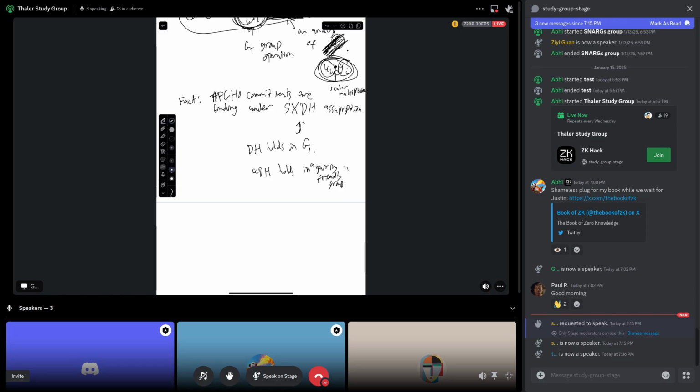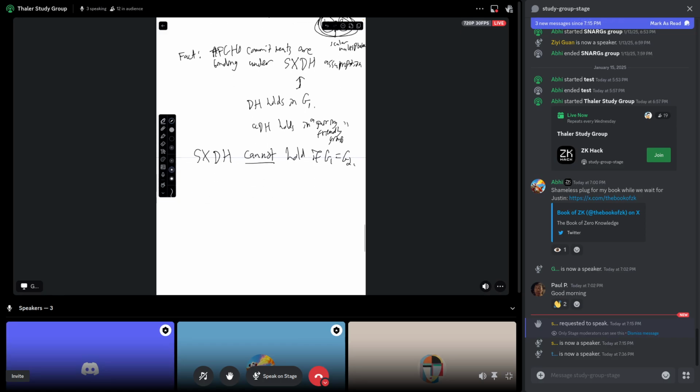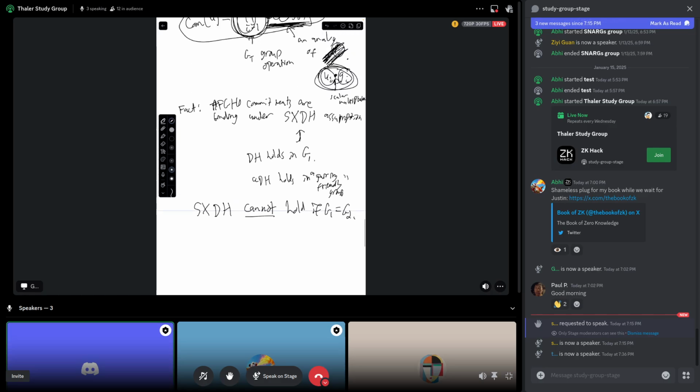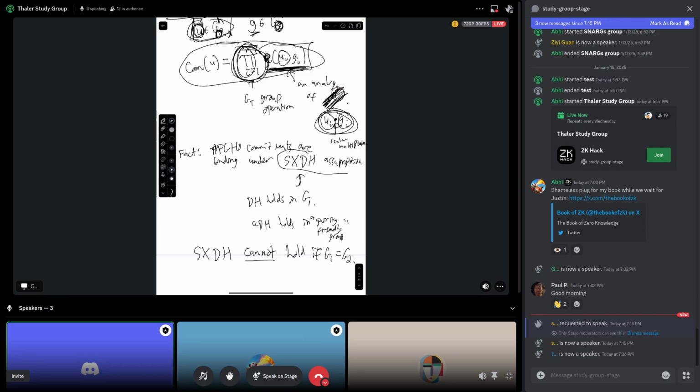And when I said that AFGHO commitments are not binding if G1 equals G2, we know that this assumption cannot possibly hold if G1 equals G2. I won't go into the details, but I'll just say that this is a standard assumption.